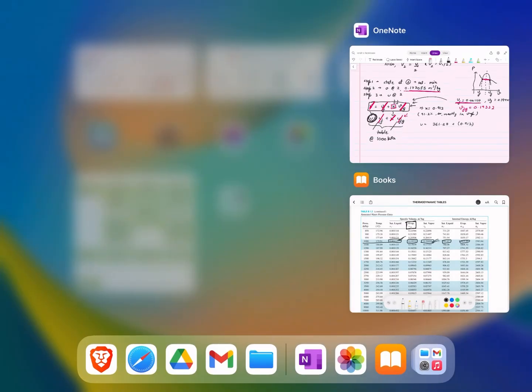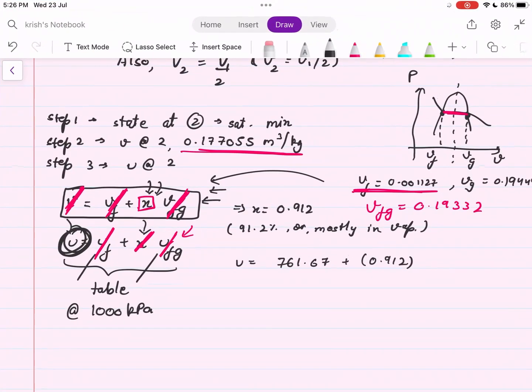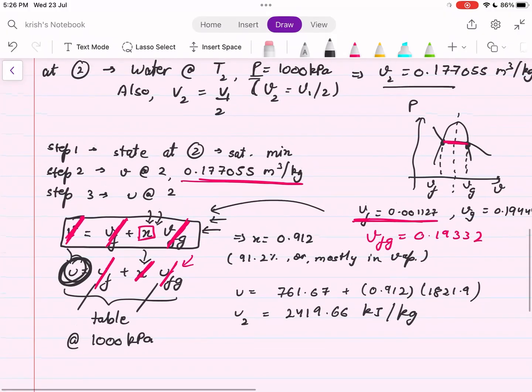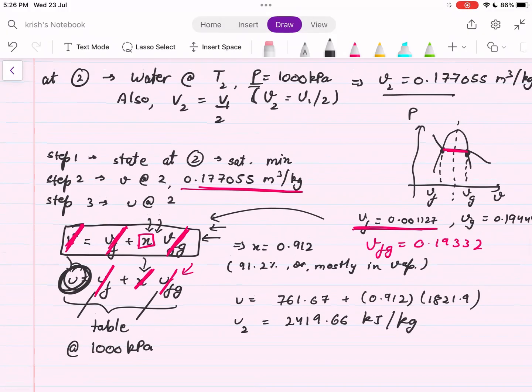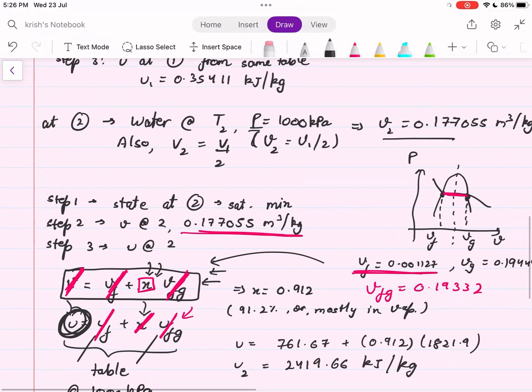Okay, so if you solve this, the value of internal energy at the second state will come out to be 2419.66 kilojoule per kilogram. An interesting thing that you will notice is that at this state, the temperature will be the same as the saturation temperature, because it is a saturated mixture.